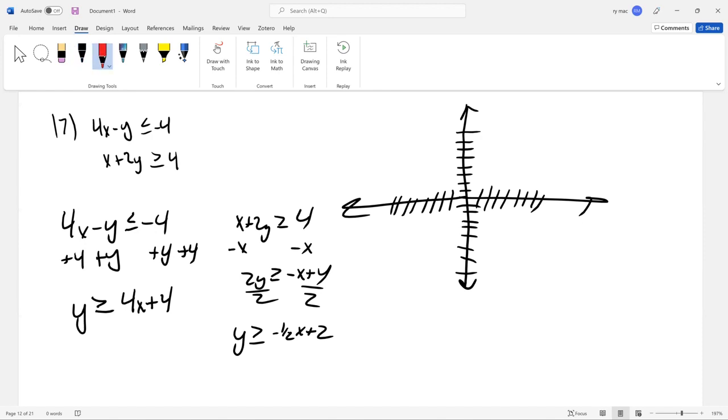I'll draw that with red. Starting at 4, go up 4 over 1. You can also go backwards if you want. But it'll look something like this. It is solid because it's greater than or equal to. And since it's greater than or equal to, you shade above the line.